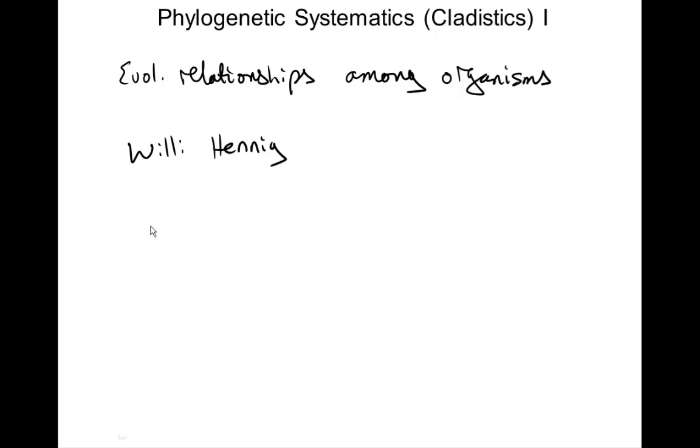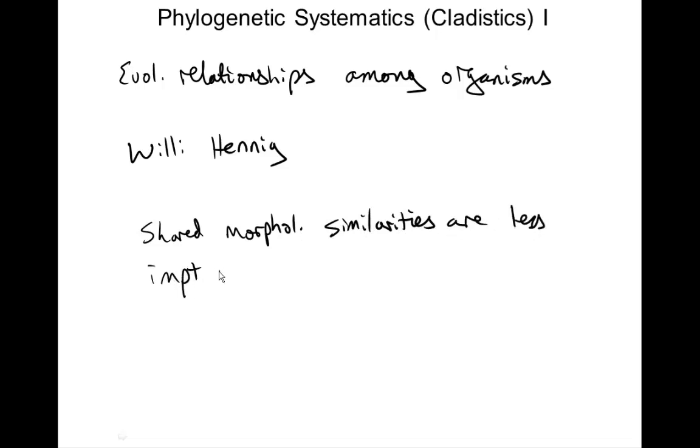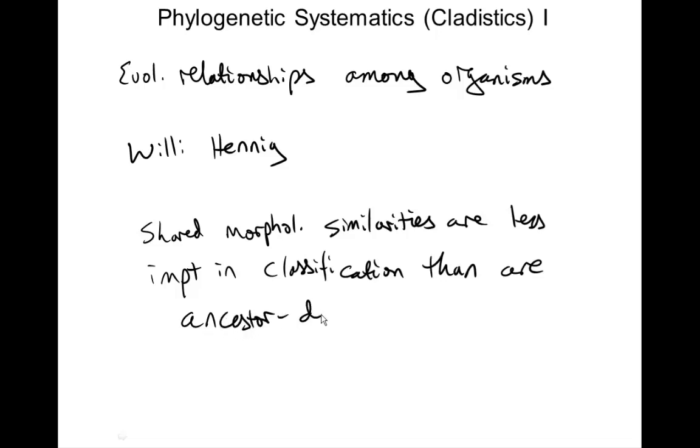So shared morphological similarities in particular are less important in classification than ancestor-descendant relationships.